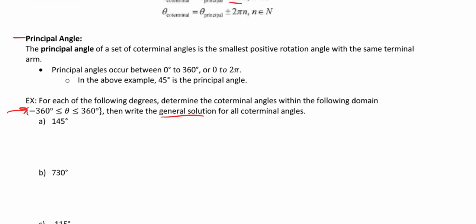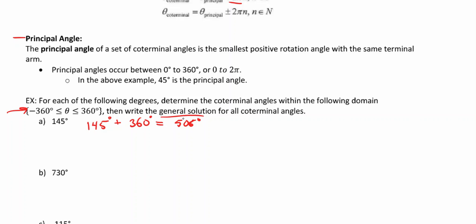So I'll say 145 degrees. What we want to do is either add or subtract 360 degrees, right? So if I'm starting at 145, let's just add it first. 145 plus 360 gives us 505 degrees.